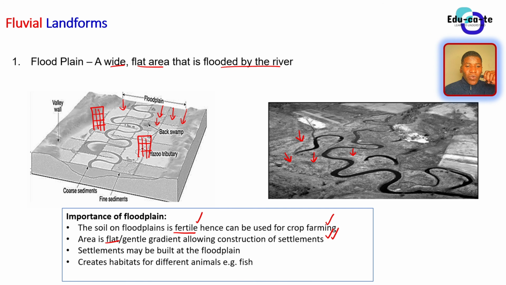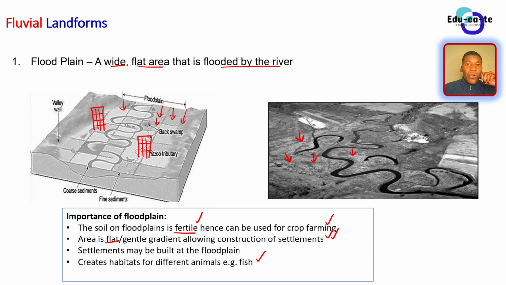Now, the floodplains can also create habitats for different animals, such as fish. Remember that there are certain animals that stay in the soil. Since the soil on the floodplain is wet, it can be a habitat for some such animals.